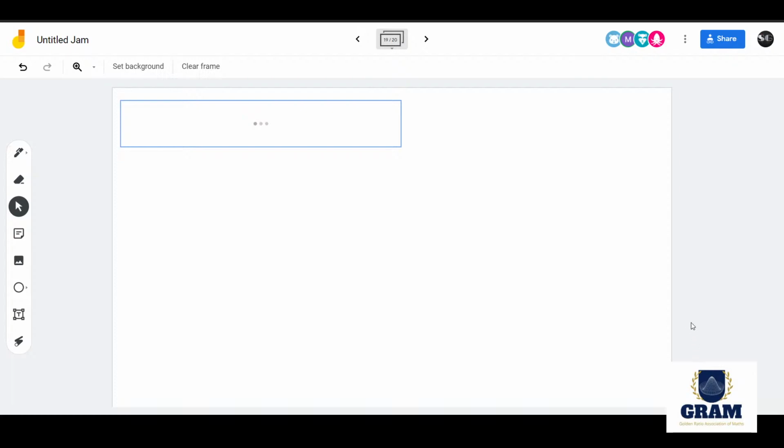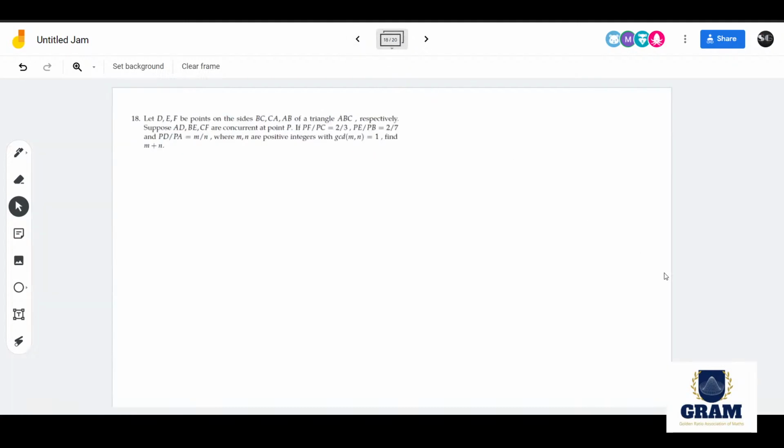We could actually solve problem 18 because it is also geometry and related to mass points. Yeah, so just move the page to problem 18. Okay, thanks. I can see the problem.